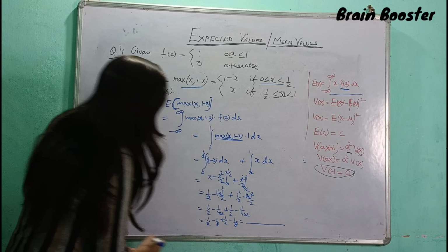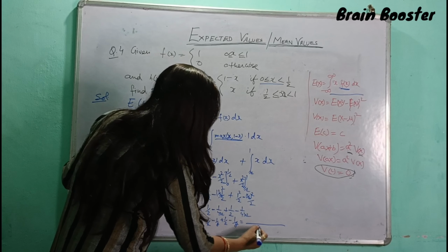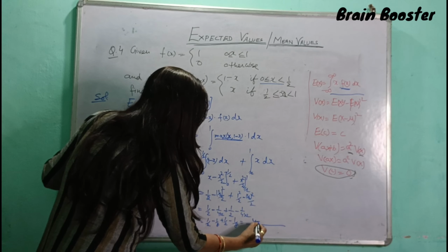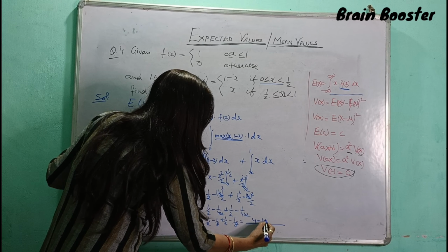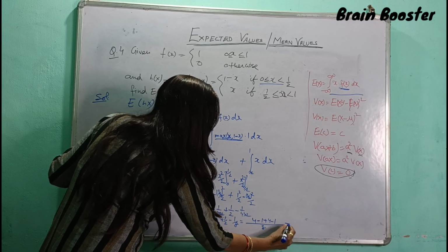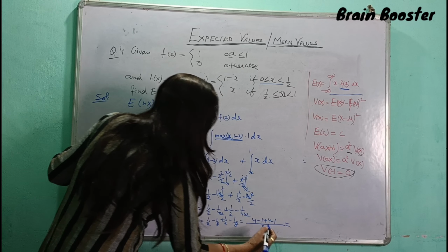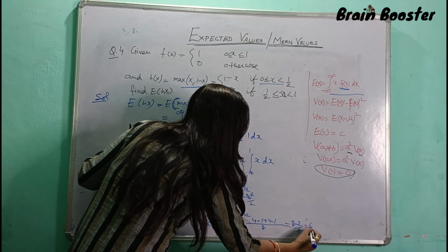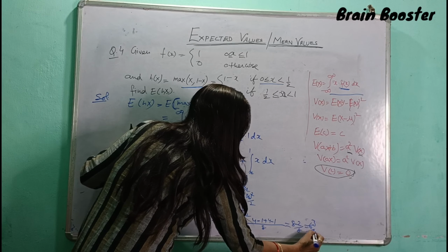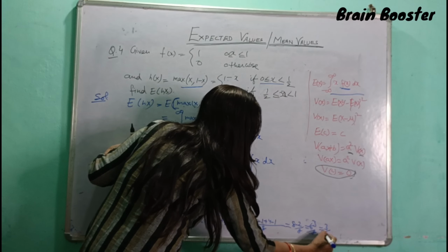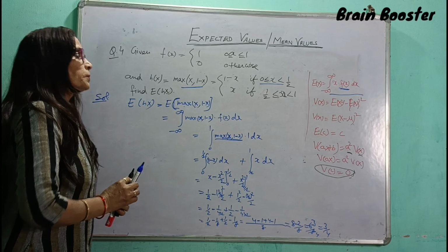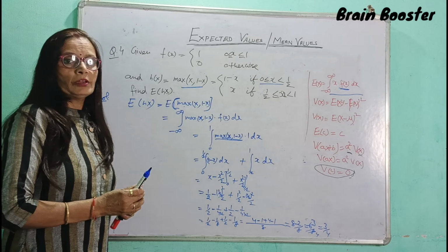Take LCM, it will be 8: 4 minus 1 plus 4 minus 1, 8 minus 2 over 8. That means 6/8, which is 3/4. Answer is 3/4. Understood? Now the expected value we have done.